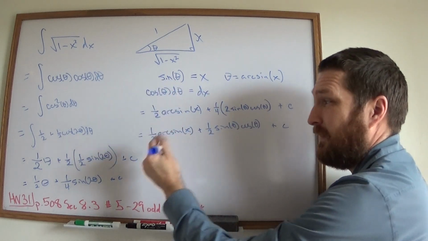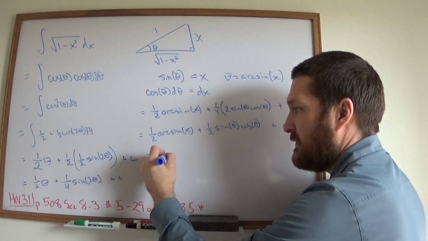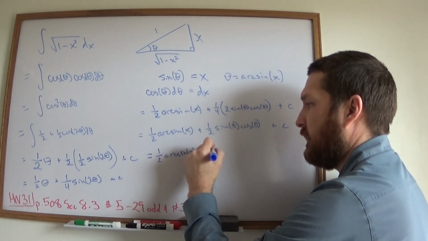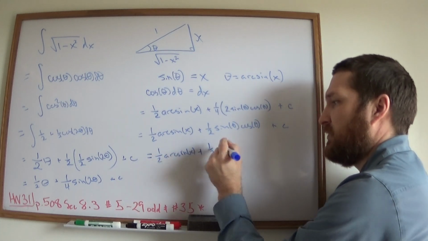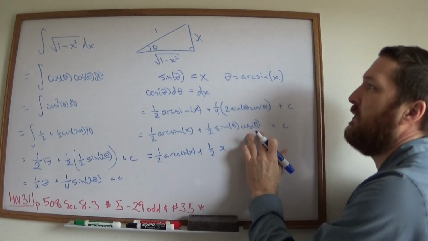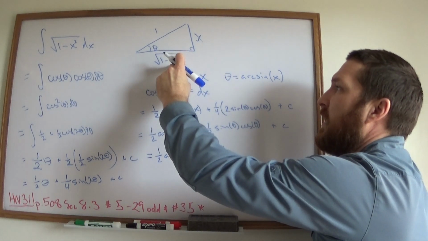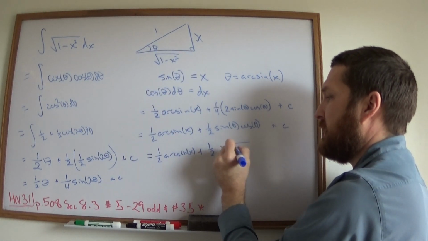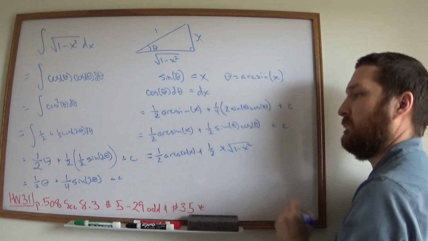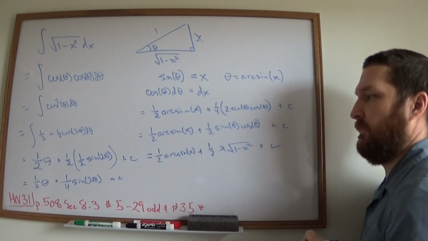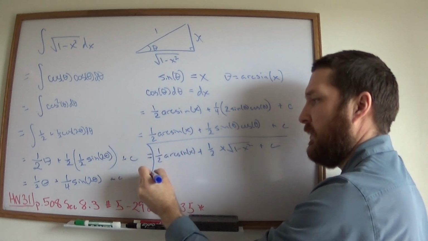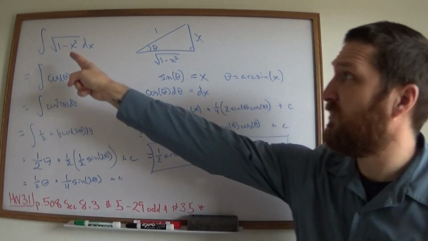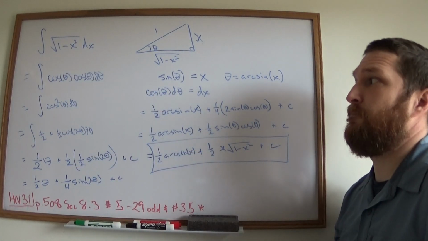It's also written right there. So that's nice. Arc sine x plus 1/2 sine theta, which is just x. Cosine theta is adjacent over hypotenuse, so it would be just this right here, plus a constant. And now, there we go. There's your answer. Take the derivative of it, and you'll get that guy right there.